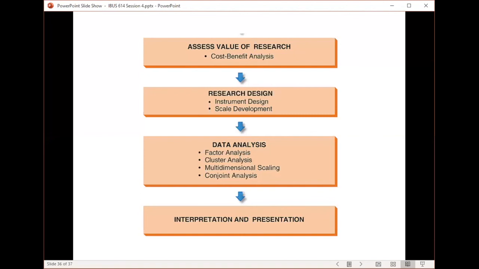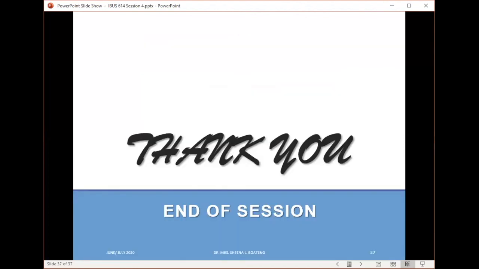Like I said, there are several data analysis techniques when it comes to quantitative. Likewise, qualitative. Depending on the approach that you choose, you will be able to analyze your data using any of the techniques that I mentioned earlier. And once you are done with the analysis, you interpret your output, then you present your findings in a way that decision makers can rely on to make actual decisions that influence global marketing strategy.